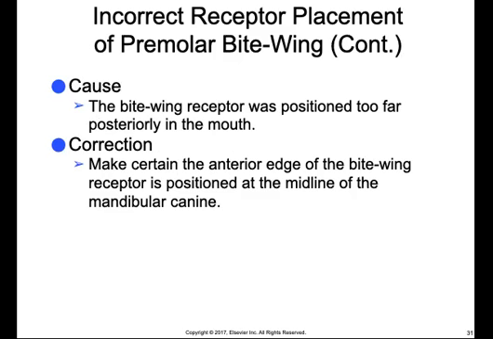So when using a digital sensor, capturing the distal surfaces of the canines can be a little challenging just because that sensor is a little bit bulkier than the film, and the bone in the anterior may get in the way, especially if they have mandibular tori. It can be a little challenging, so just be aware of that.